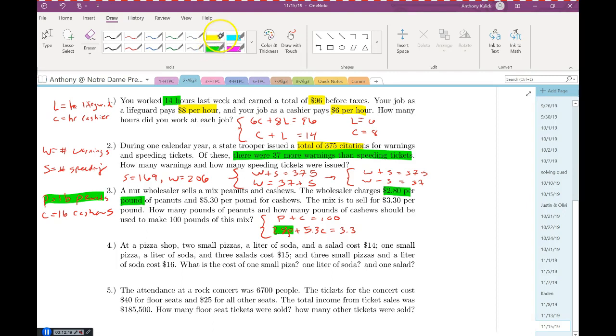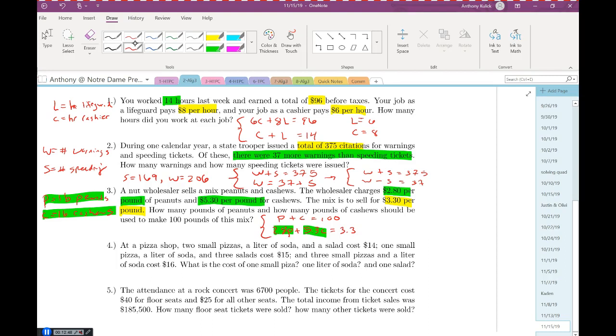Similarly, for this second piece, dollars per pound times pounds would also give me just dollars. But we have that set equal to dollars per pound. That doesn't make sense from a units perspective. What do we need to multiply 3.3 by so that the dollars per pound turns into just dollars?